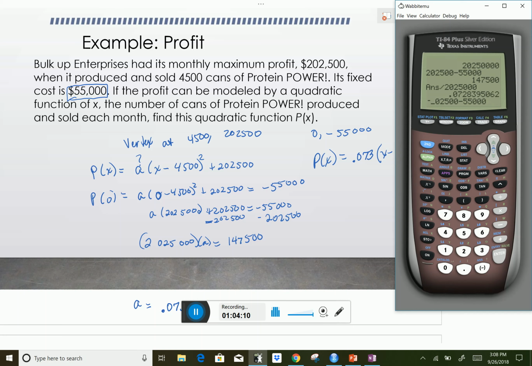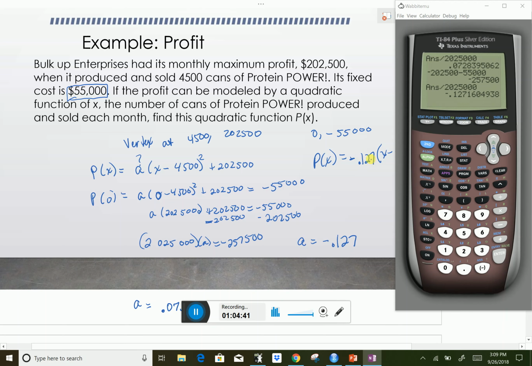So that should be negative, and that's negative 257,500. Now divide that by this guy, and A is negative 0.127, which makes a lot more sense, that A would be negative.